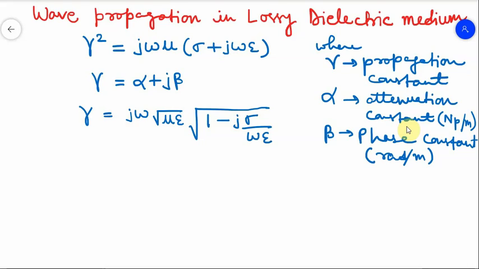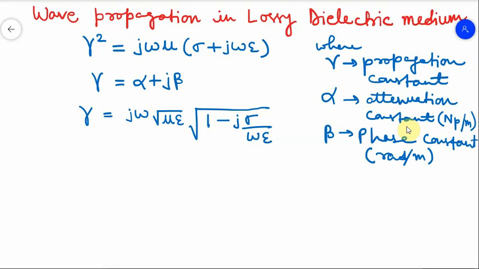What we have done: this is gamma square, so gamma will be the root of this. From inside we multiplied these terms, and then we took j omega epsilon common, and then we get this formula.